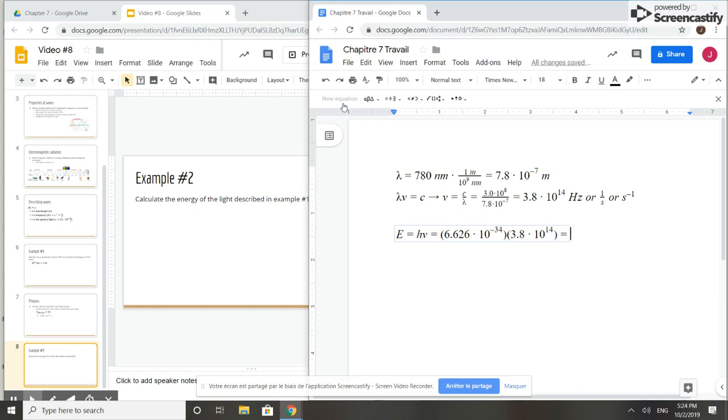It wouldn't be a bad idea to put h in your calculator as well. I also have that in my calculator. And I got 2.5 times 10 to the negative 19th power, which is an order of magnitude that makes sense, and that is in joules.